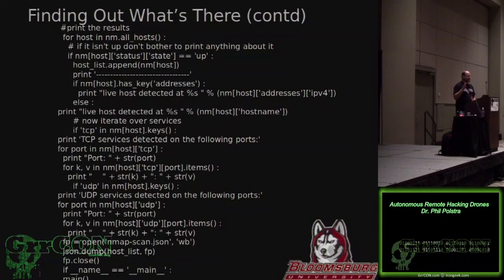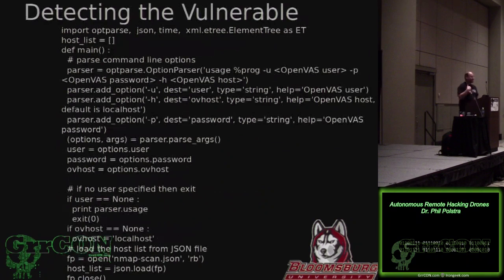Who loves JSON files? Web developers really love JSON files. And the rest of us like them too. So you store that stuff in a JSON file. And why would you want to do that? Well, because then you can feed it into the next script. The next script is going to take stuff from that JSON file, and then it's going to use OpenVAS. So it's going to parse through that.